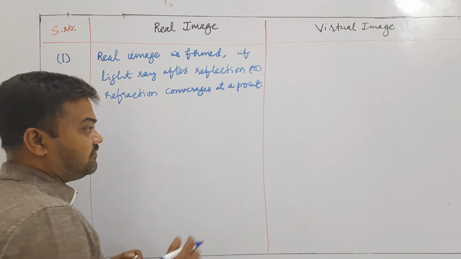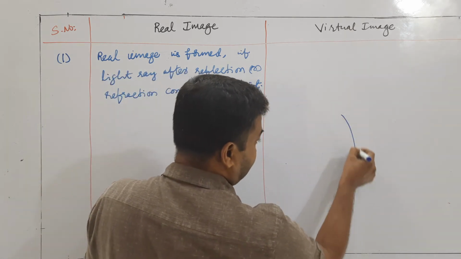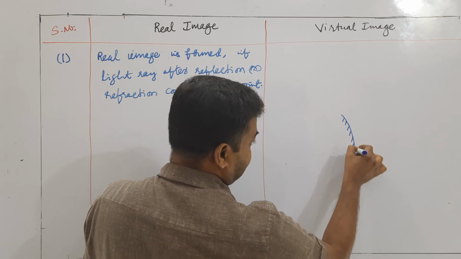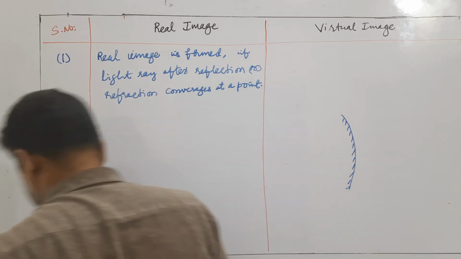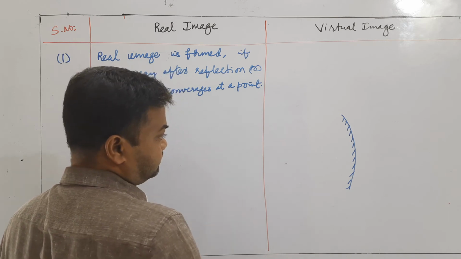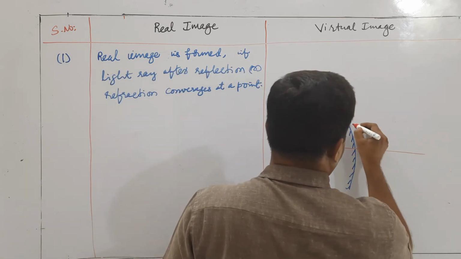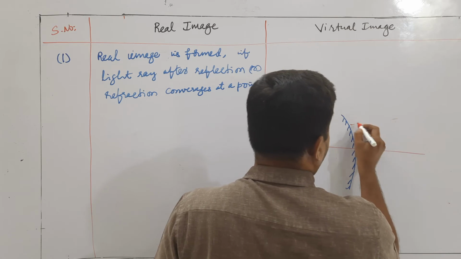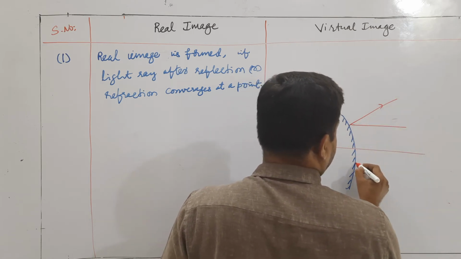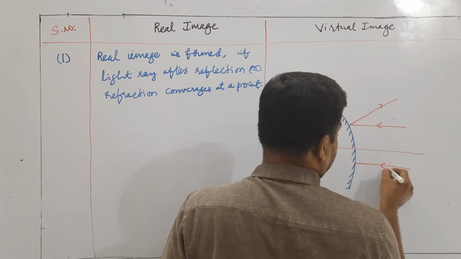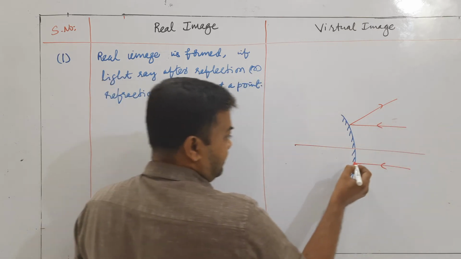In the case of convex mirrors, this is a convex mirror. Suppose a ray parallel to the principal axis, after touching, moves like this.